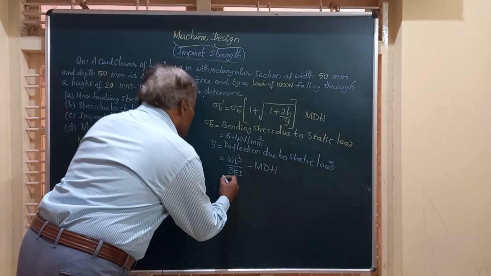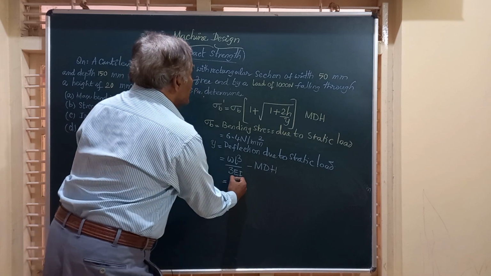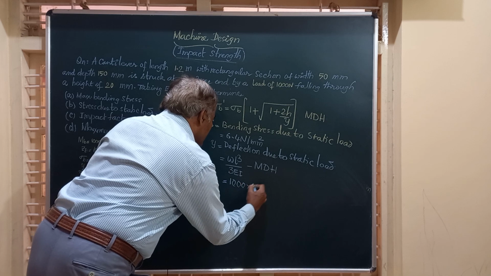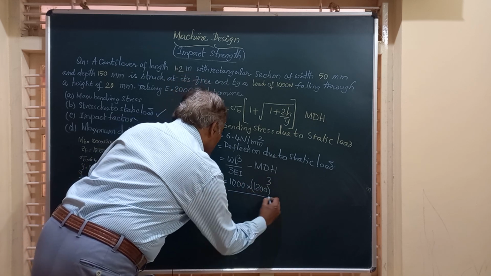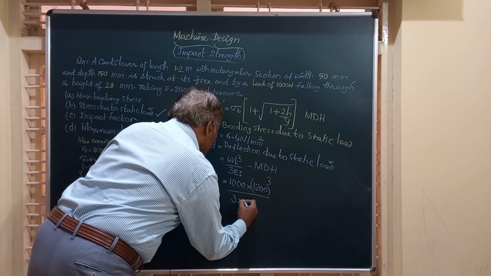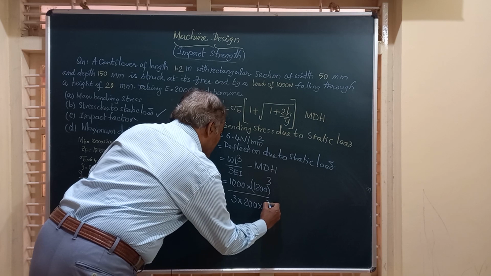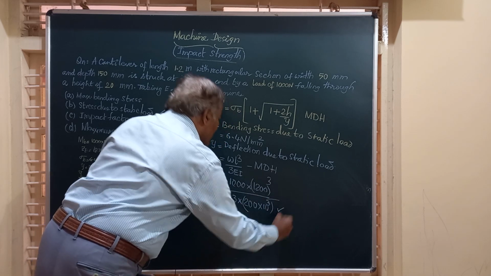Friends, let's substitute the value. The value of W is 1000, length is 1200 cubed, divided by 3. Young's modulus is E, that is 200 GPa, which when converted to MPa becomes 200 times 10 to the power of 3. I value you have calculated already.